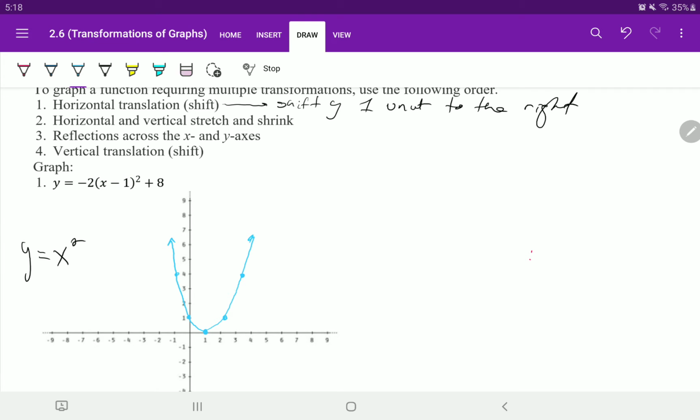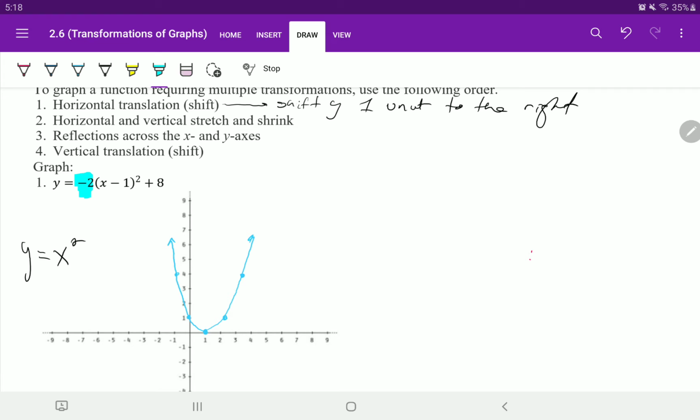And there is no number being multiplied to the variable x. For the vertical stretch or shrink, that's a number that's being multiplied to the function itself, to the parabola. And there is a value that is being multiplied to the function. The value being multiplied to the function is going to be 2.